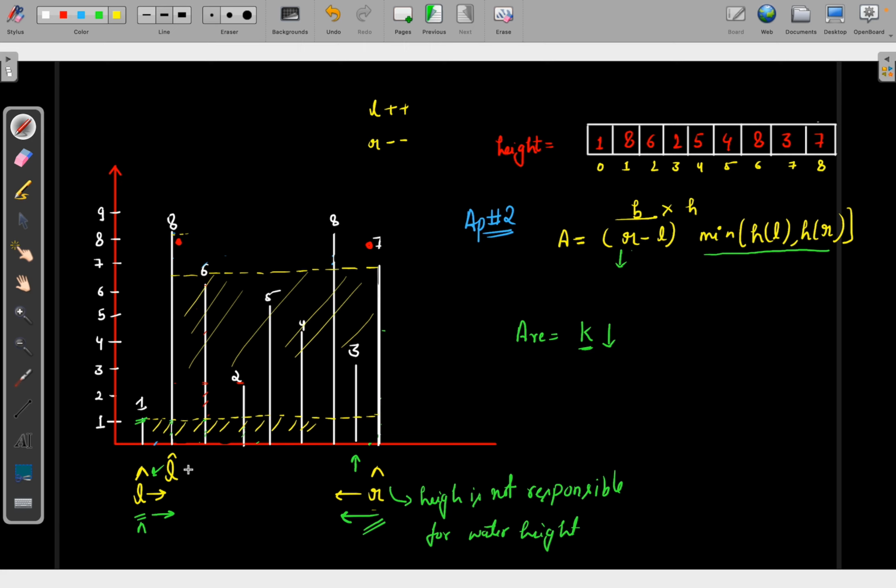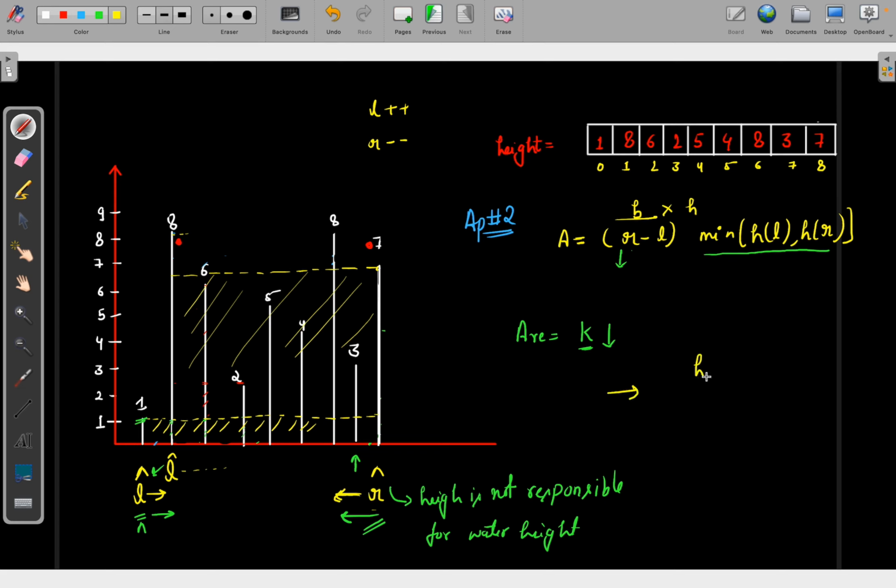So again here, if I am moving the L pointer here, no matter what, my area will always decrease because this height is responsible for water height. So if I am moving my L pointer, it won't change anything. But if I am moving my R pointer, there is a possibility that we can get a maximum area or we can get a minimum area as well. There will be an effect on the water if I move the R pointer. I hope you got it.